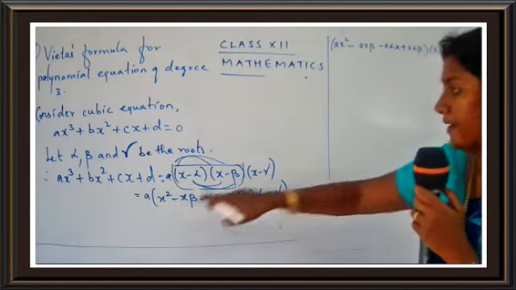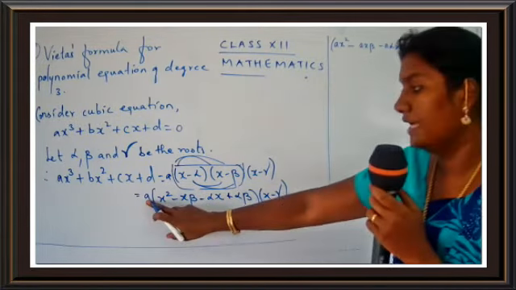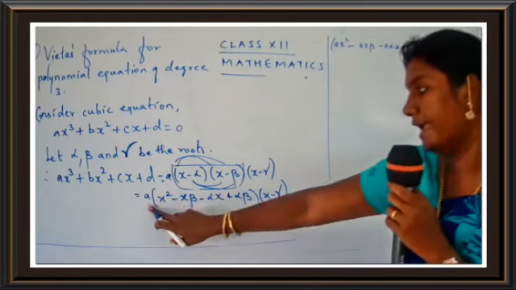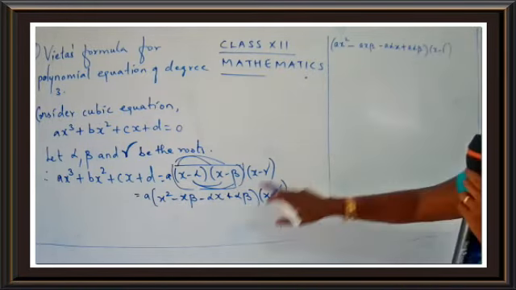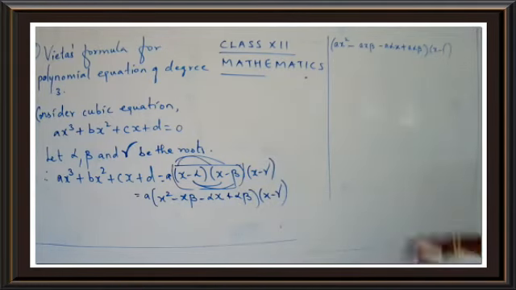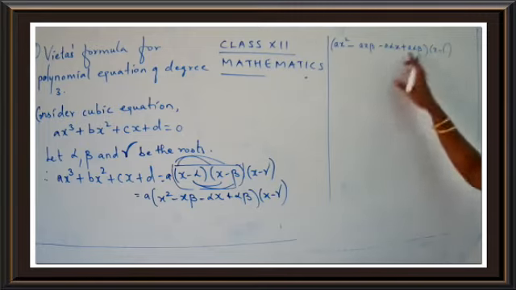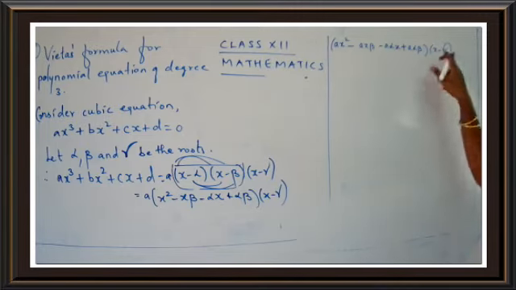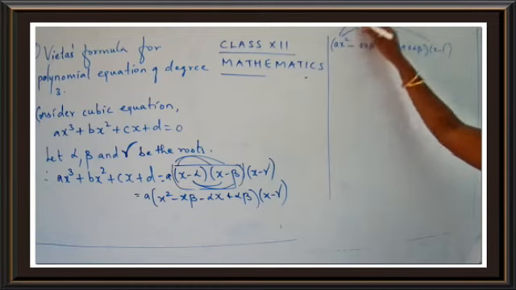A into x square, ax square, a into x beta with a minus sign, so minus a alpha x plus a alpha beta, and then you have x minus gamma. So now again you are going to multiply with x minus gamma. First I'll take x and then I'll take gamma.